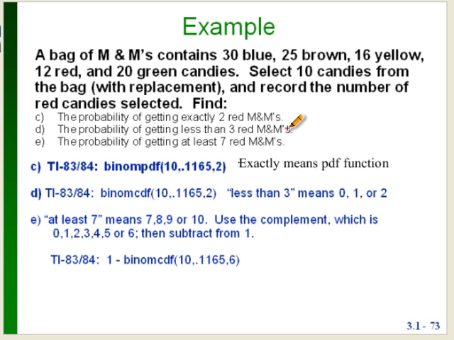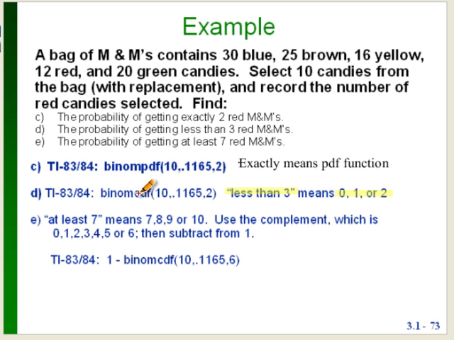Now for the second one, less than 3 red M&Ms. Now this is where binomial probabilities get a little bit tricky because you have to figure out exactly what numbers you're including. Less than 3 would mean either 0, 1, or 2 for possible outcomes.